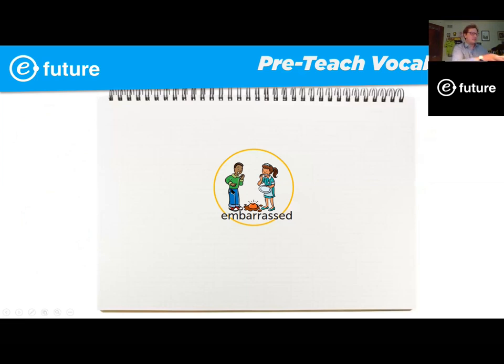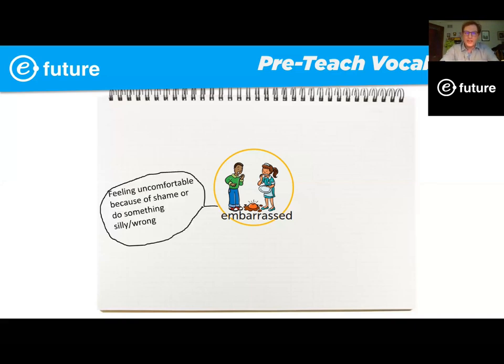Another thing you can do, have your students create their own flashcards. Now, vocabulary is all about making connections to different things, to words, to sounds, to pictures, to definitions. So this is the keyword, embarrassed. First, they can write the definition.